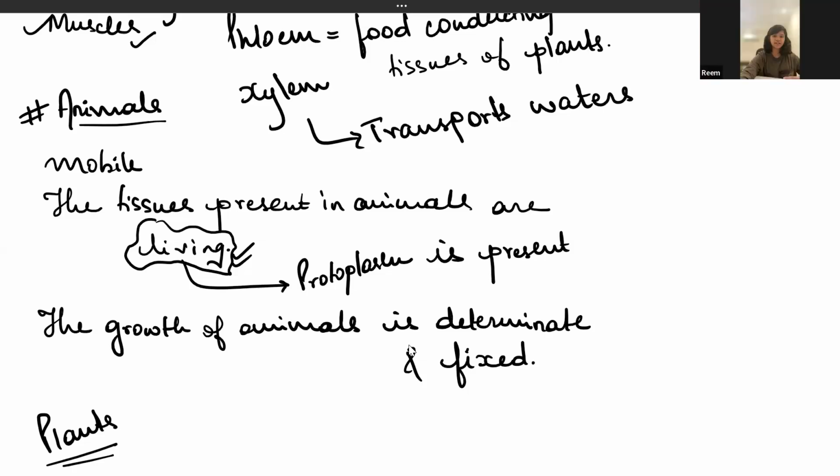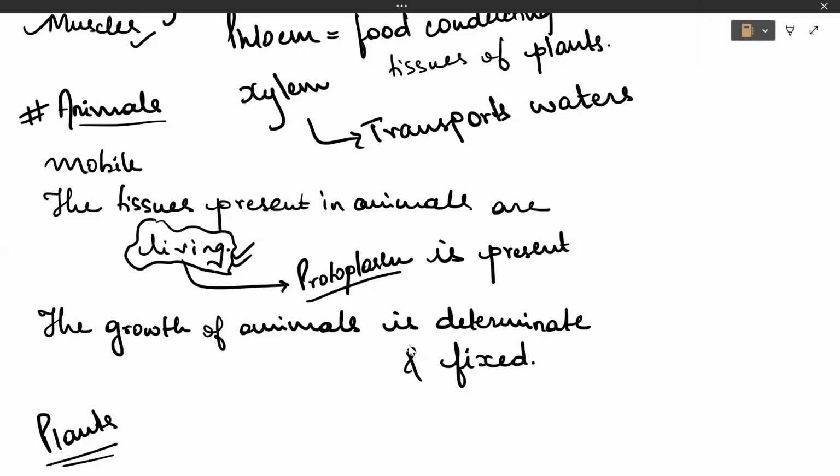See, a living tissue is that tissue that is actively dividing, that is actively performing all the bodily functions. Meaning protoplasm is present in it. Protoplasm is the living part of a cell. You can also call it the cytoplasm, isn't it?